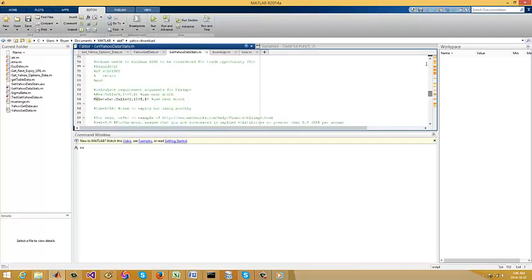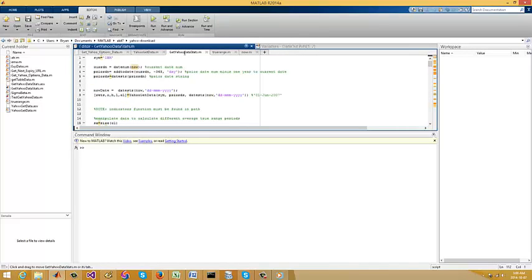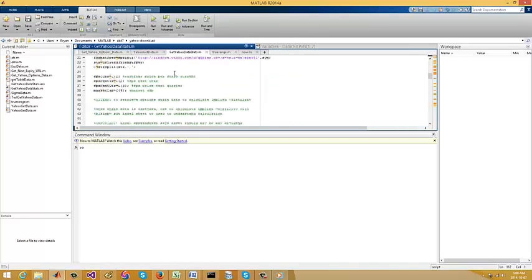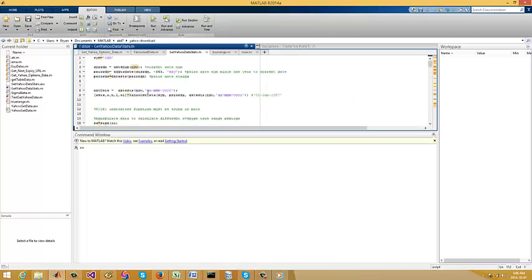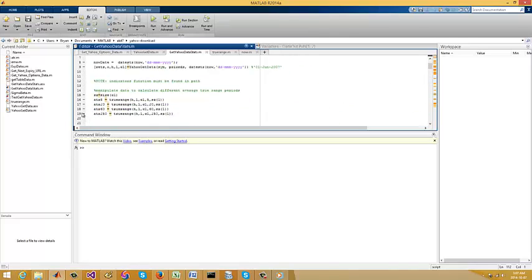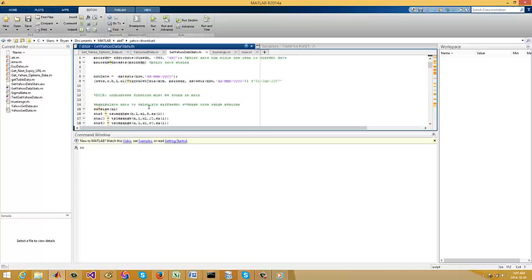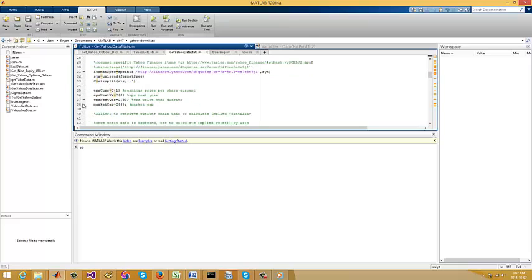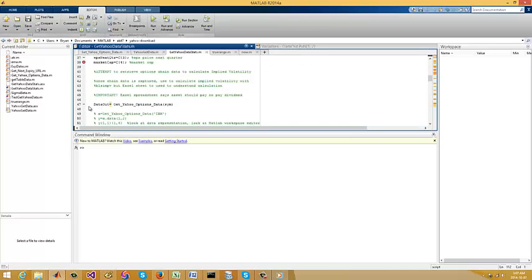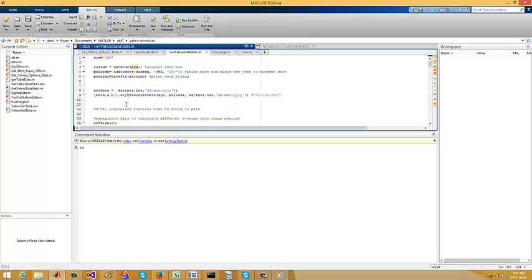This is all done in MATLAB, of course. I have accidentally cleared out my breakpoints, so let me just reset them. I've got 1, 2, 3, 4 sections that we're going to run. Okay, so I'm going to run them.